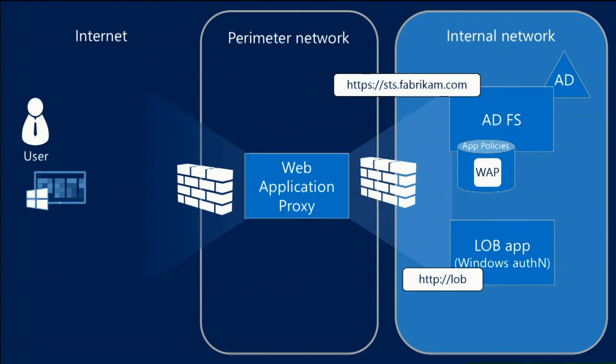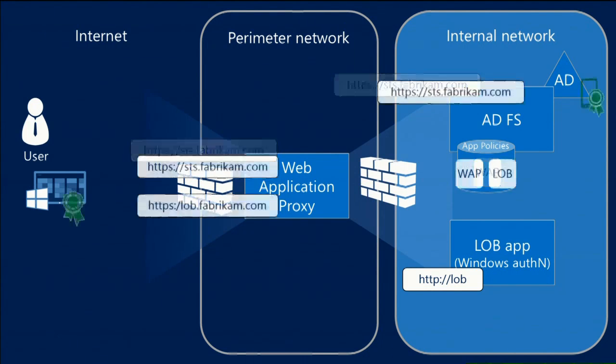Let's start building the story. The first thing you'll want to do is publish your STS, or ADFS, so that users can interact with it. ADFS is going to expose itself over HTTPS with a fully qualified domain name, something like sts.fabrikam.com, where Fabrikam is the name of the company, and you're going to publish it through the external firewall so that customers can be redirected to it and get access.